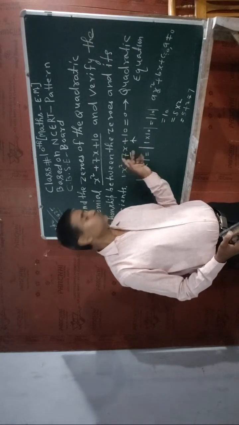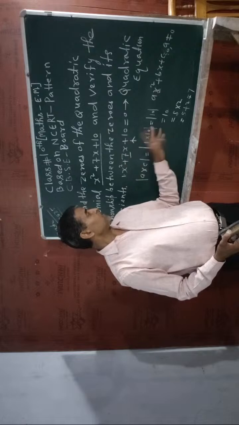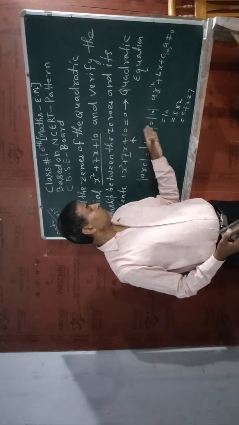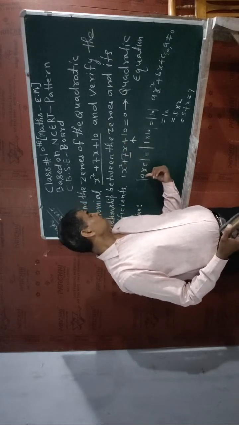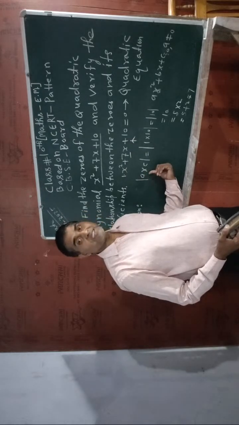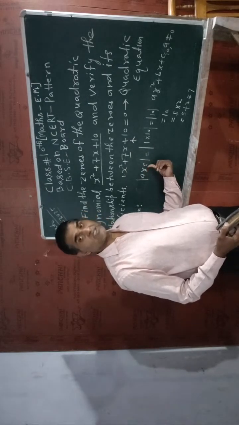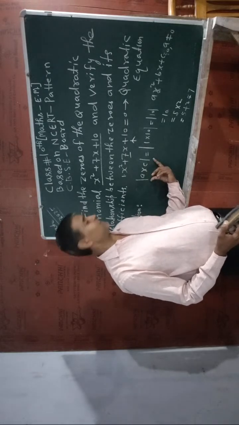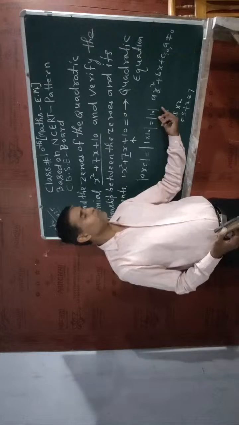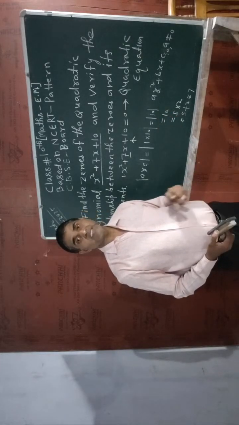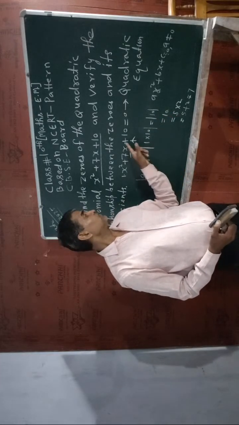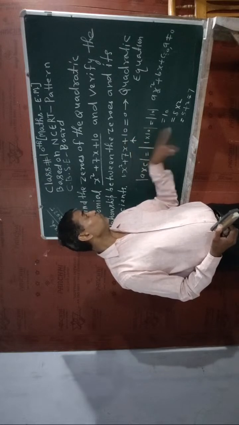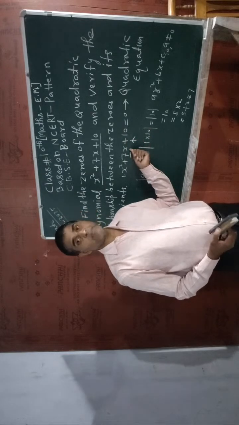Okay student, so generally I am telling you, this is the particular question, and in this particular question I will take the multiplication of the coefficient of x square and the constant term, and I will take its modulus, and it will give a positive number. I will take the multiplication of two numbers such that the sum of both numbers will be the coefficient of x.